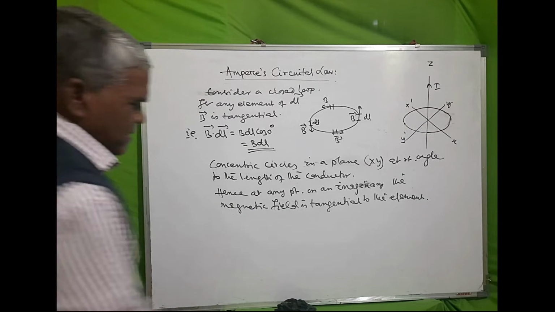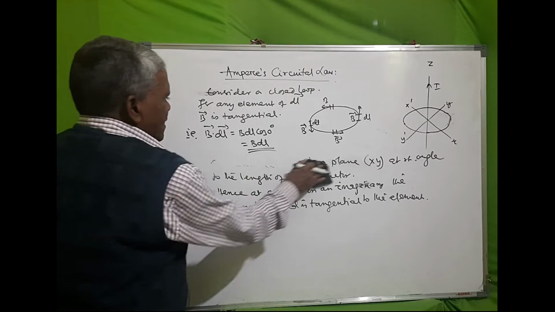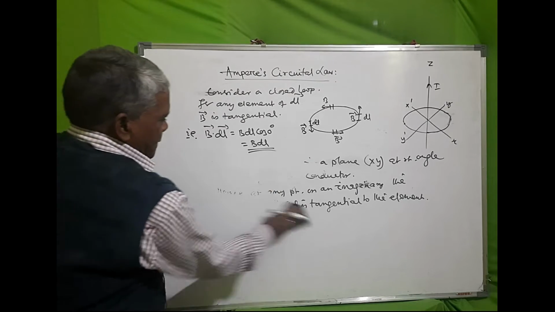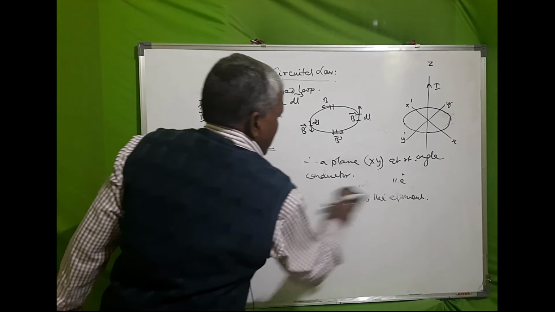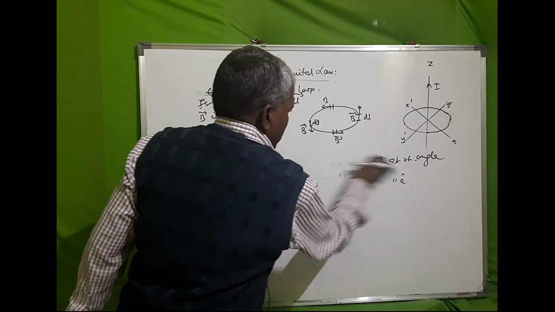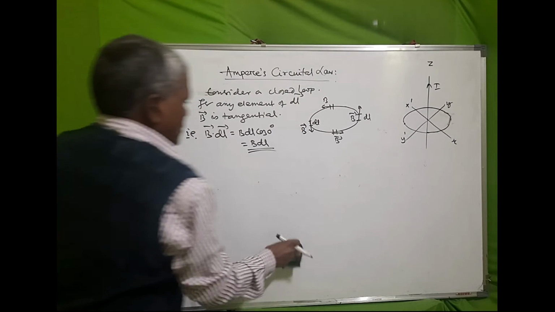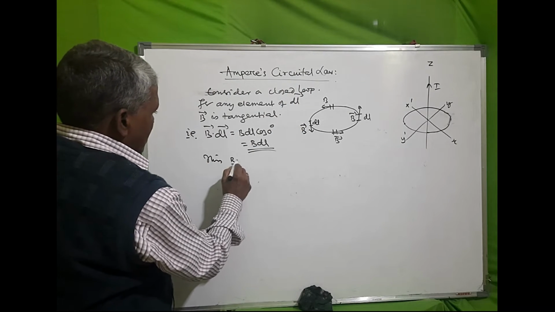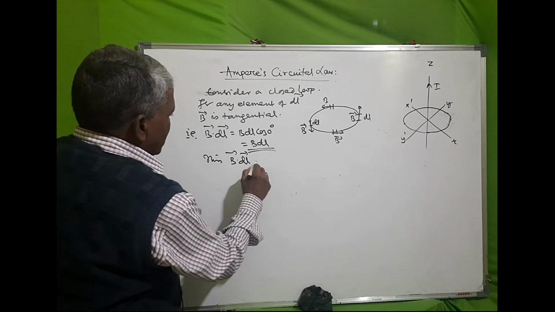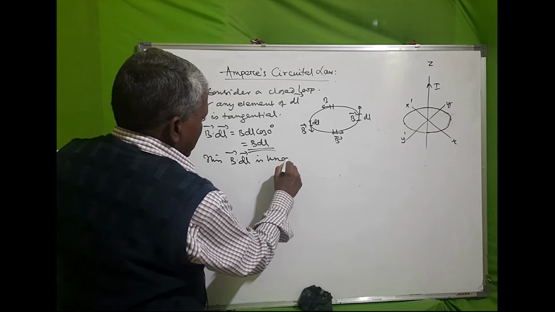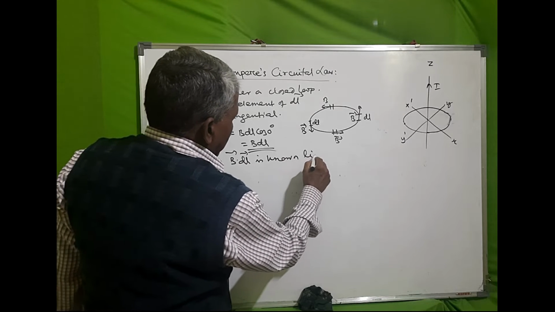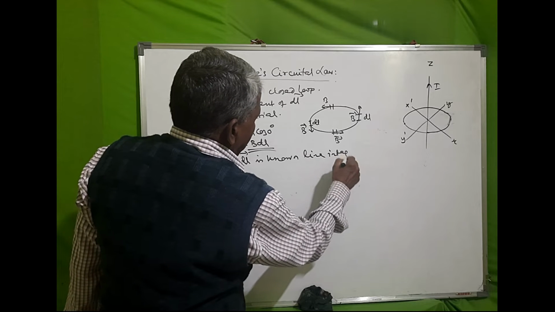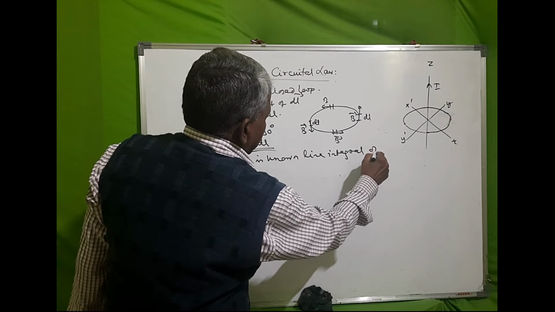This B dl is known as the line integral of the magnetic field.